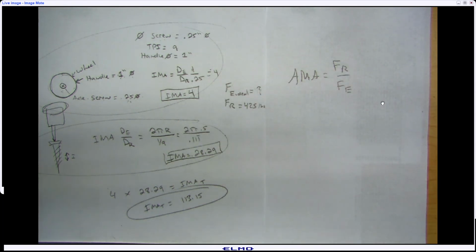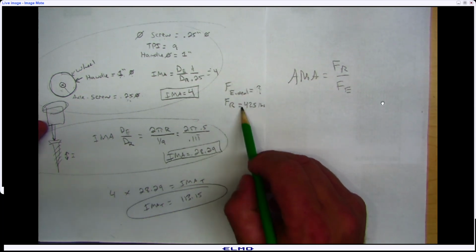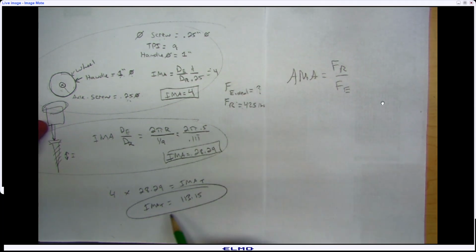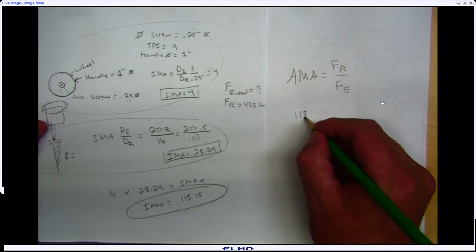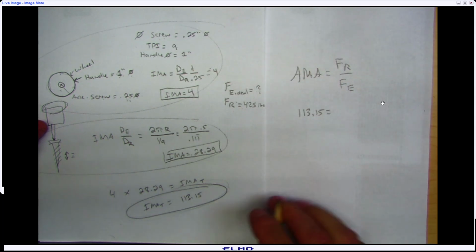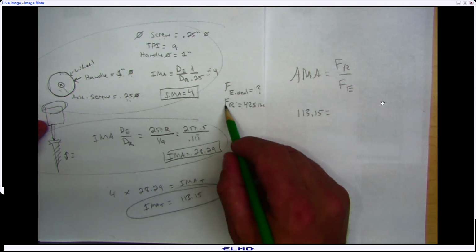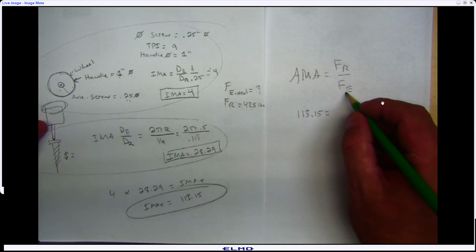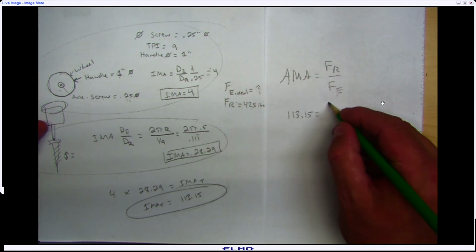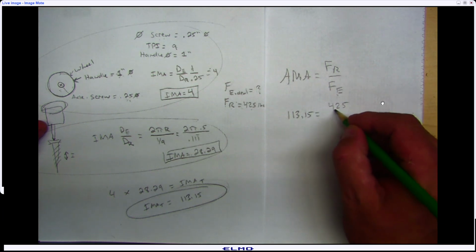If I look at these two numbers and my ideal mechanical advantage that I've solved for, I can put this in here and say 113.15 equals the force of resistance, which is given to me. It's asking what my effort is if I want to overcome 425.